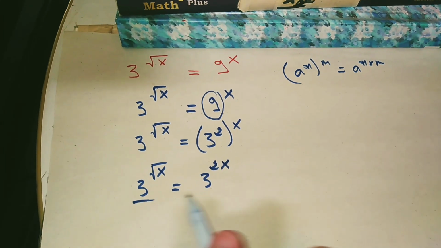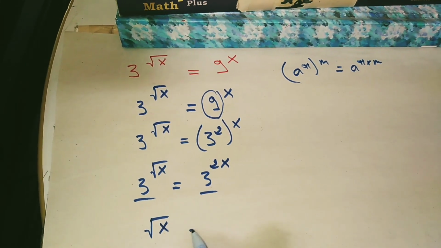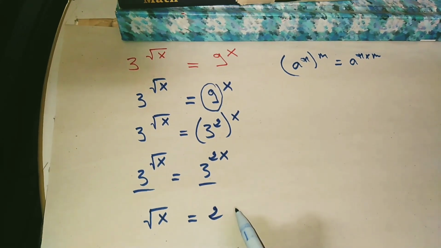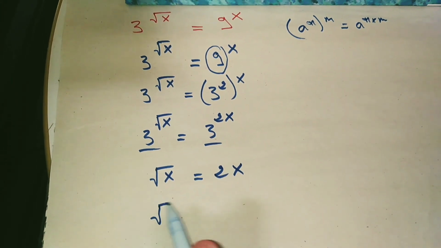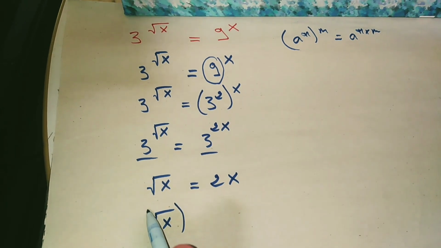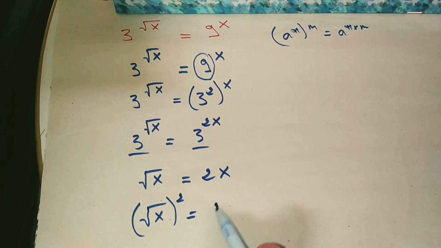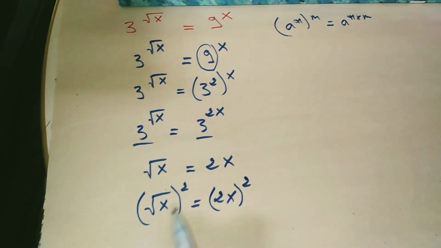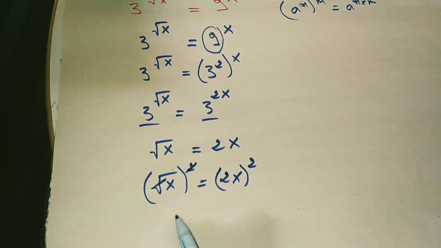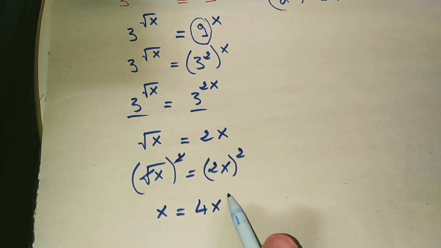On comparing, so square root of x is equal to 2x. Next step, this square root of x power 2 is equal to 2x bracket power 2. We simplify, so x is equal to 4x squared.